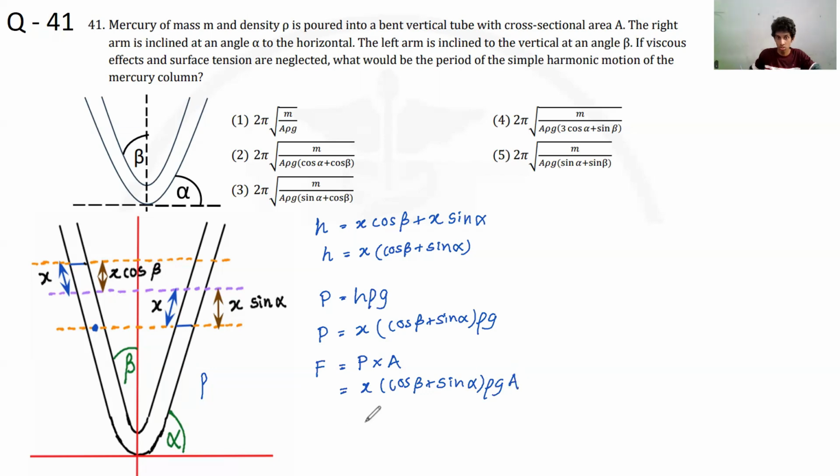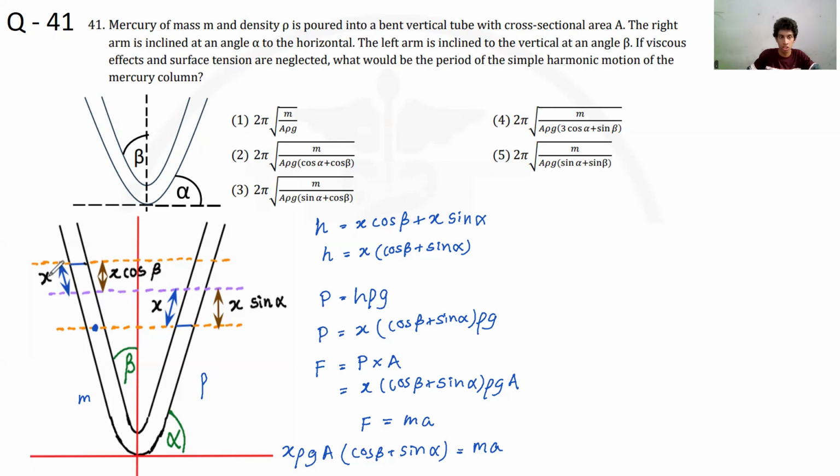Now, according to Newton's second law, we can apply F equals ma. They have given the mass of the mercury column as m. Therefore, F will be x rho g A into (cos beta plus sine alpha), and that will be equal to the mass into acceleration. Here the acceleration will be in the downward direction, but the displacement is measured in the upward direction.